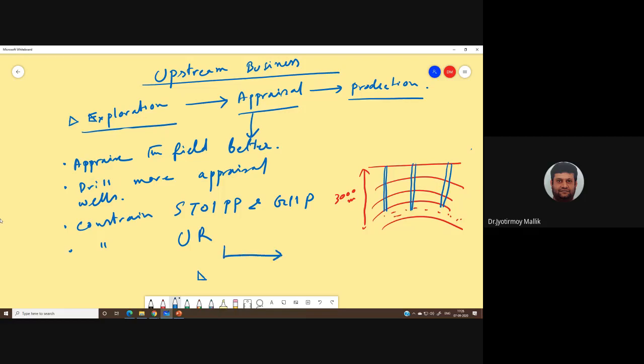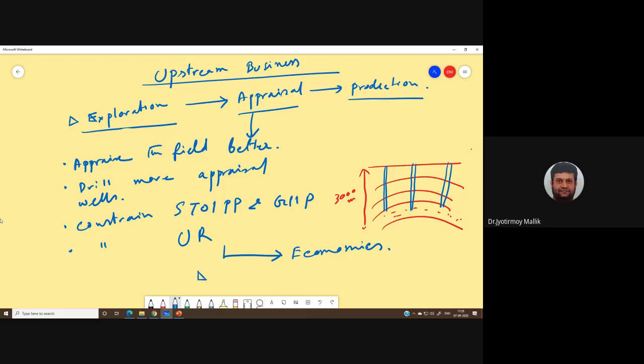Then you do some economics. Okay, economics to see whether the UR that you are getting out of this field is economic enough to proceed with the workflow, or to actually abandon this field for the time being. Okay?